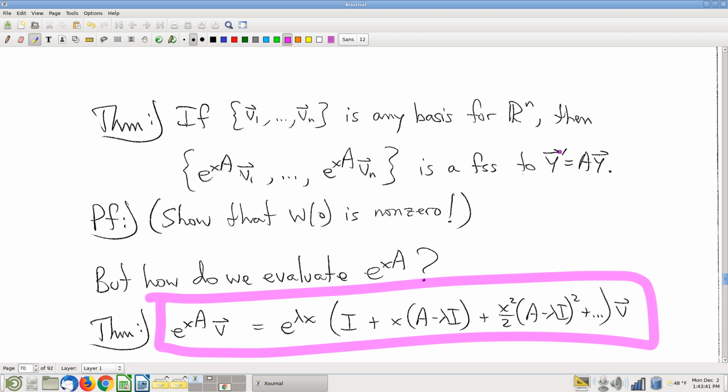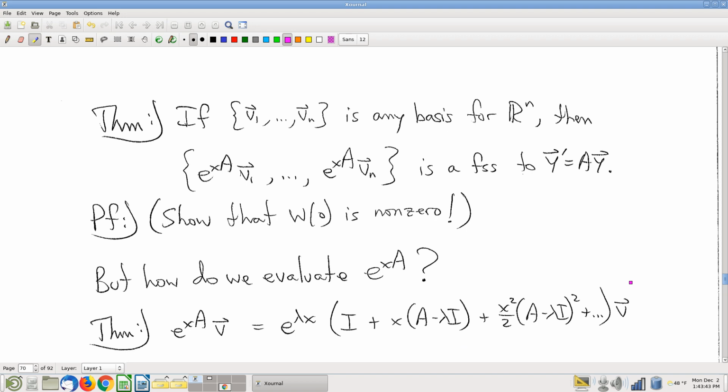The big idea for how to make all of this actually practical, and not just pie in the sky dreams about magical matrix exponentials that we can't evaluate, is that I've got a foot in the door.